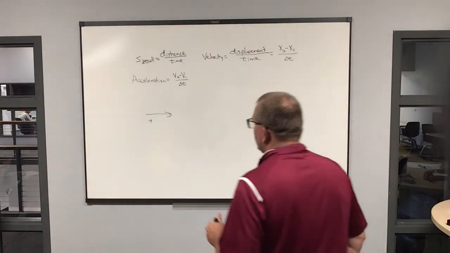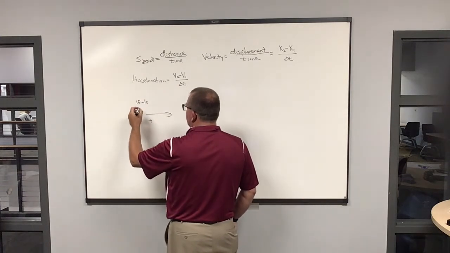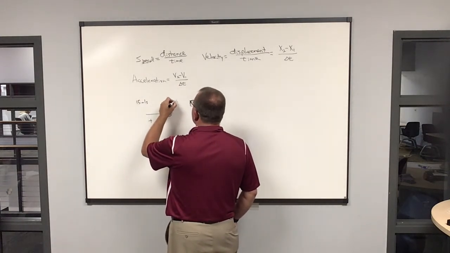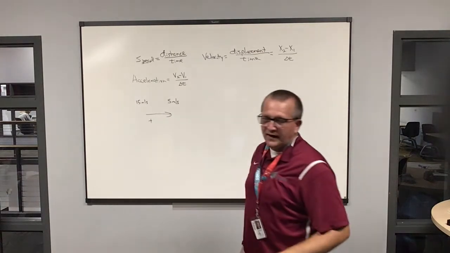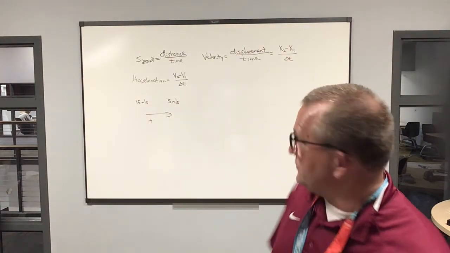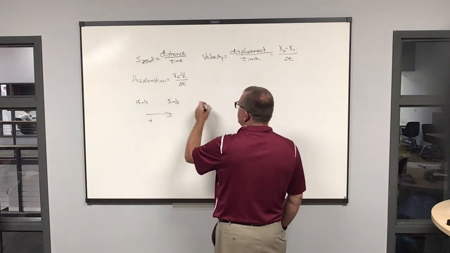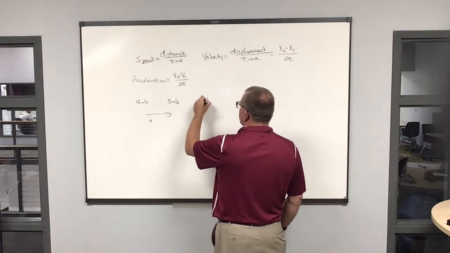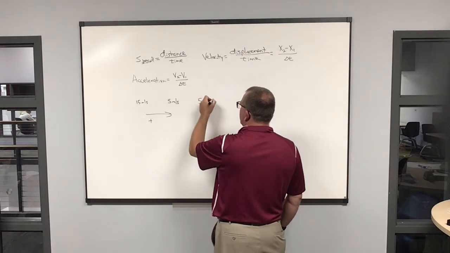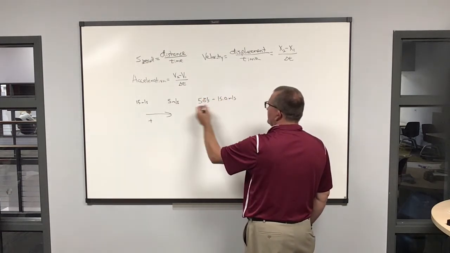So we're traveling this way. We start at 15 meters per second, and our speed slows down to 5 meters per second. And we want to find the acceleration. So first off, our final velocity in this case, so V2, is 5.0 meters per second, minus our initial, which is 15.0 meters per second.